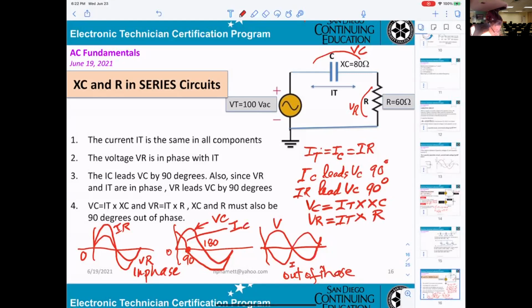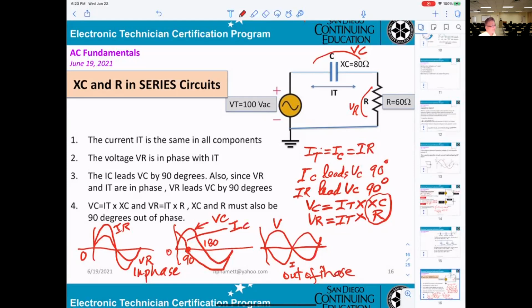So, what they try to figure out is the relation between R and XC. Will they be in phase, or out of phase, or a different phase? Who can tell me? I want to know the relation between R and XC.